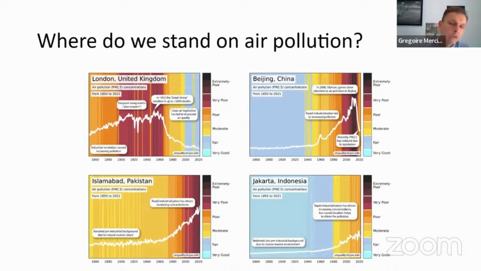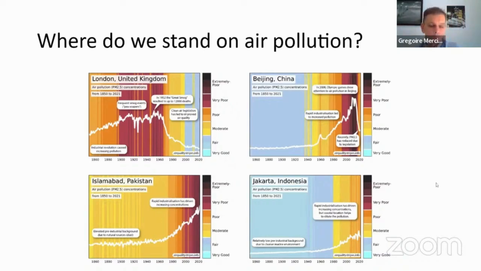So again, different country, different place, different general environment, but still there is an array of useful policies that can be implemented. And then, of course, some areas in the globe are more concerning if you consider the situation of Islamabad, bottom left. So we are still in this increasing trend, which means that the population in Pakistan is currently exposed to a very high level of air pollution.